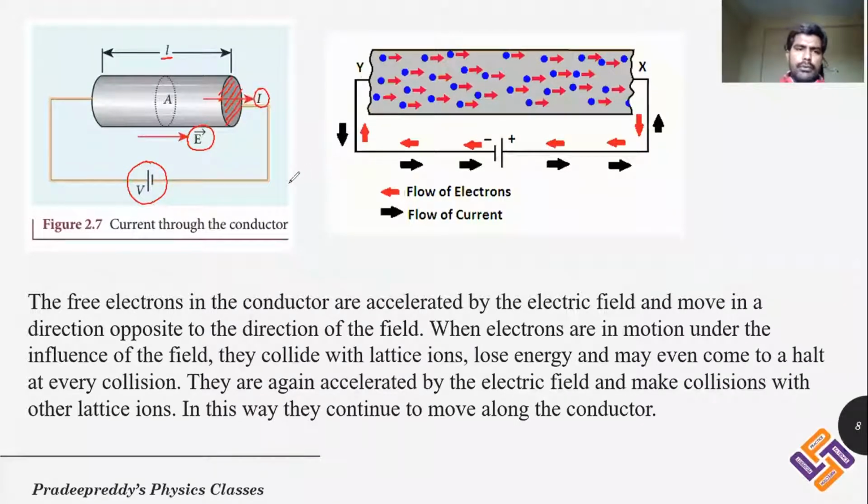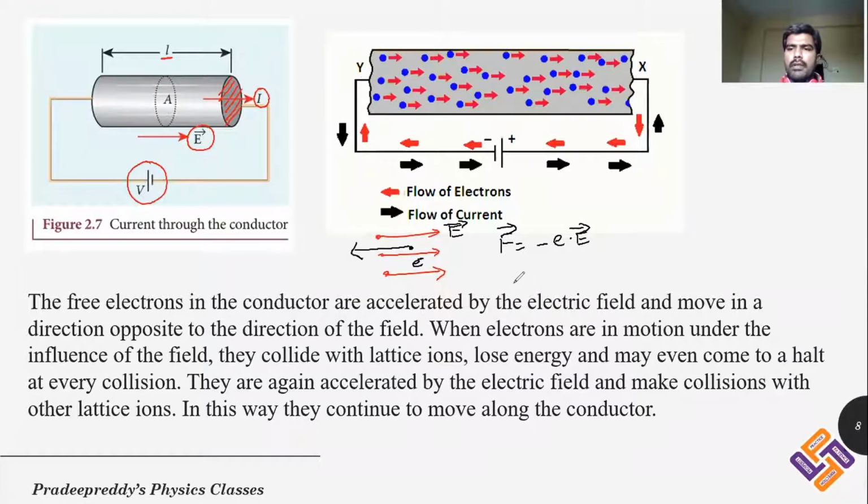As I already told you, when you take an electric charge and place it in an external electric field, say the electric field is in this direction, and you place an electron in this electric field, the electric field direction is to the right, because F is equal to minus e into capital E. The force experienced by the electron is opposite to that of the electric field.